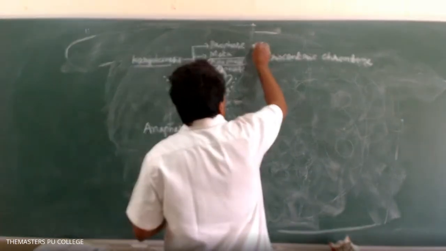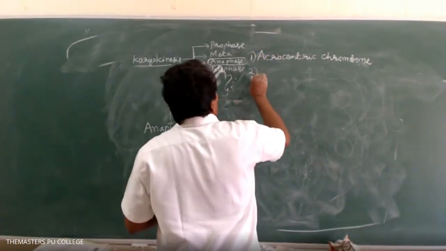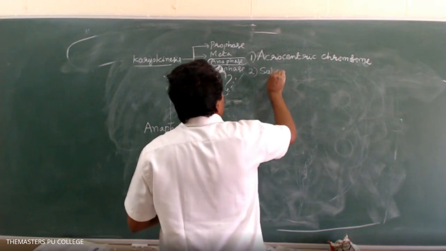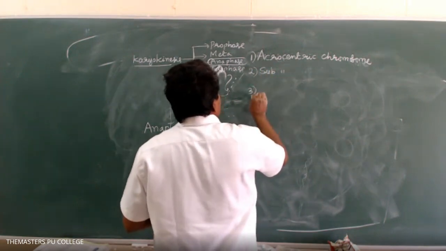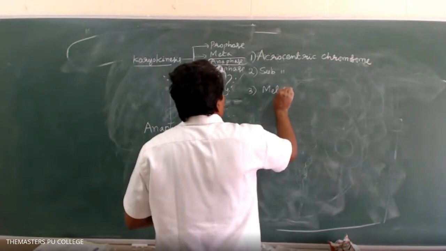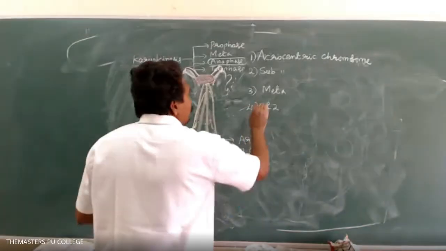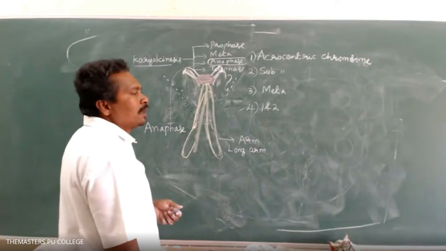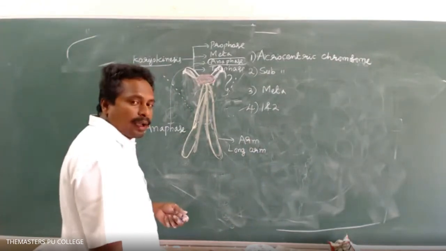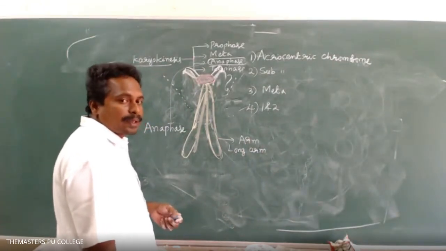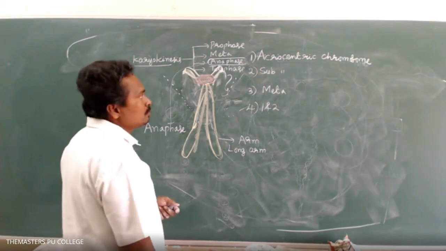Which of the following chromosomes have unequal arms? Option 1 is acrocentric, option 2 is submetacentric, option 3 is metacentric, option 4 is 1 and 2. What is the answer? 1 and 2. In which of the following chromosomes are extremely long and very short arms present?